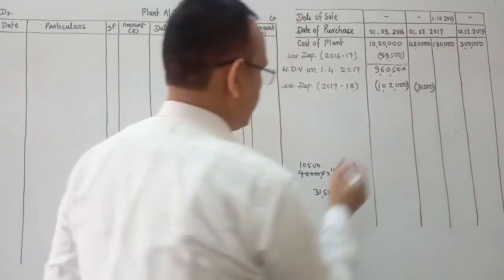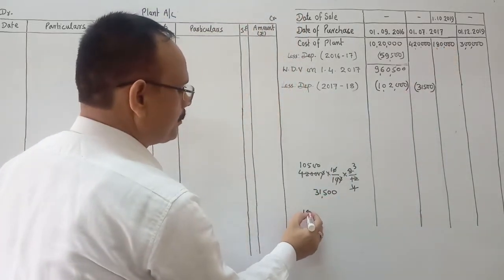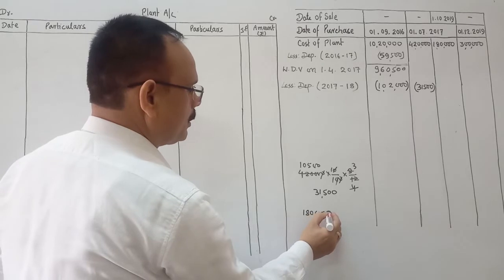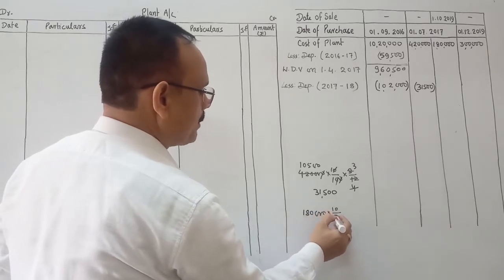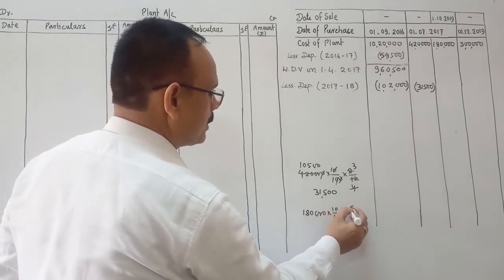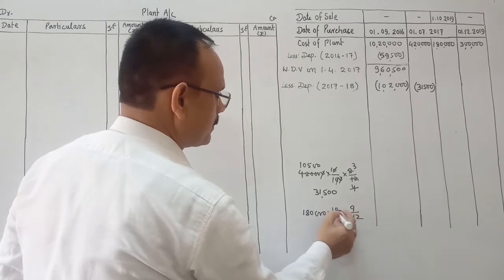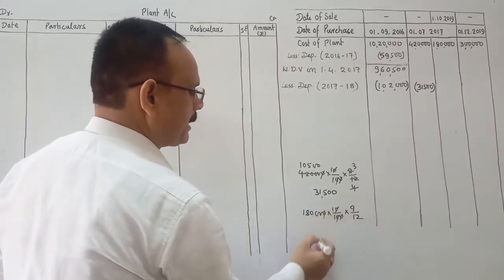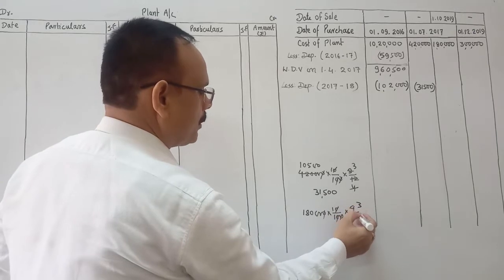Next is 1,80,000. Again we will calculate the depreciation for the same months. 1,80,000 into 10 by 100 into 9 upon 12, 9 months, so 3 upon 4.